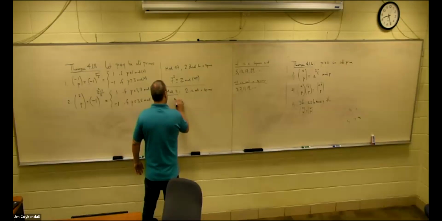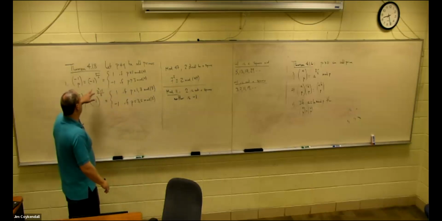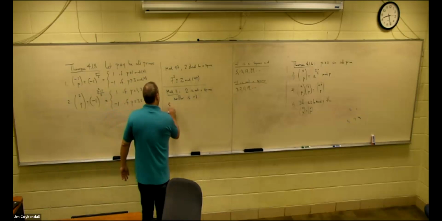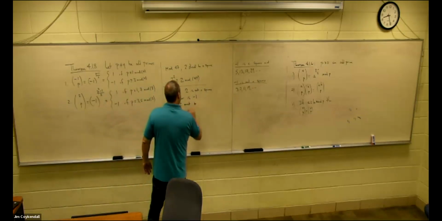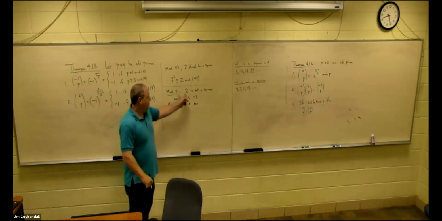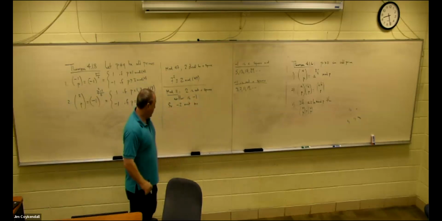And neither is -1, because 11 is equivalent to 3 mod 4, right? So -2 must be. Right, because 2 is a non-square, -1's a non-square, so the product has to be a square.